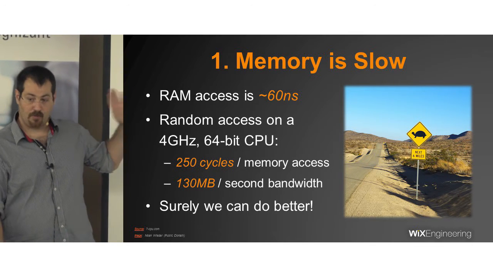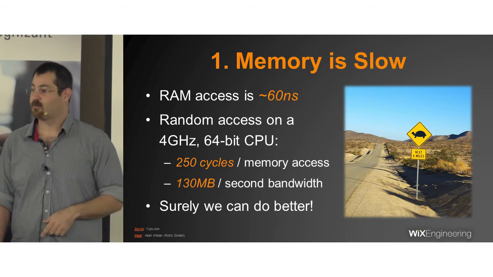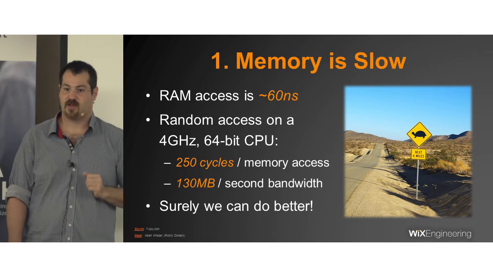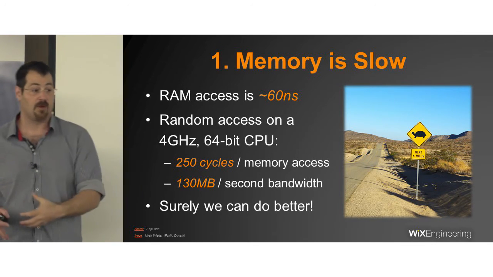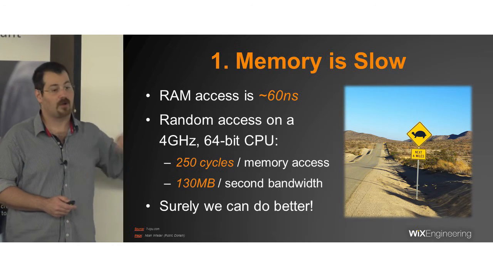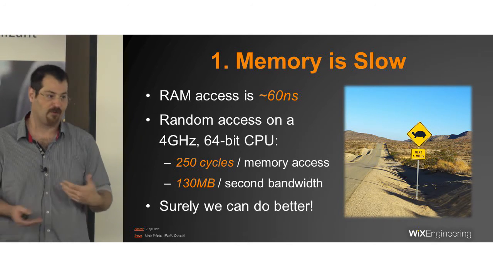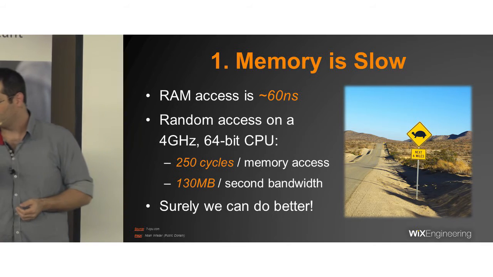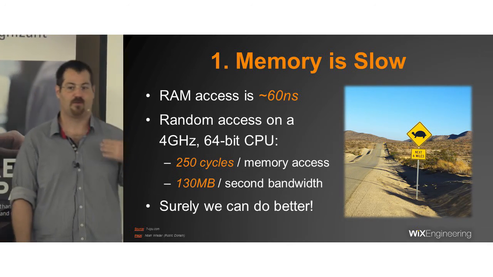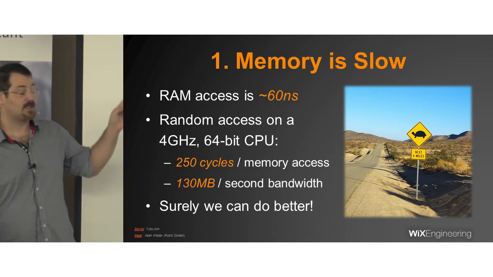So for a modern machine, by which I mean a genuinely modern machine, an i7 Skylake processor at 4 gigahertz, completely random access to main memory takes about 60 nanoseconds. Now, if you take a 4 gigahertz 64-bit CPU, the kind of commodity hardware that we all hopefully run on, assuming we're not running ancient hardware, here's what happens. If the CPU has to wait for memory access to complete, it loses 250 cycles. And this is modern CPUs.